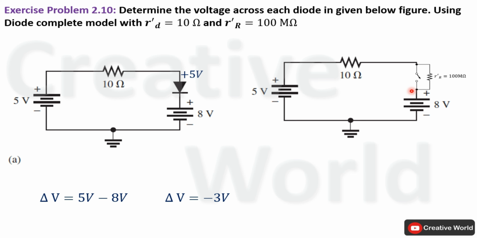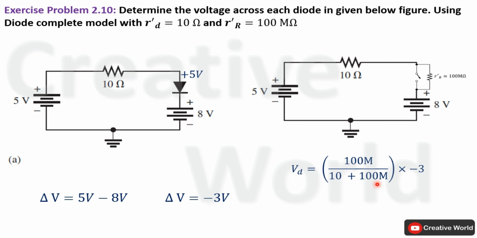We know that the potential difference between these 2 points is minus 3 volt, and we have to find the voltage across this resistance. So we can use the voltage divider rule because these two resistances are connected in series. Voltage across this resistance will be equal to 100 mega ohm multiplied by the voltage difference, that is minus 3 volt, divided by the sum of both series connected resistances, 10 ohm plus 100 mega ohm.